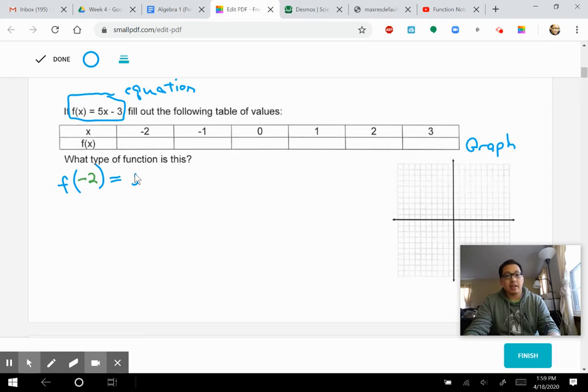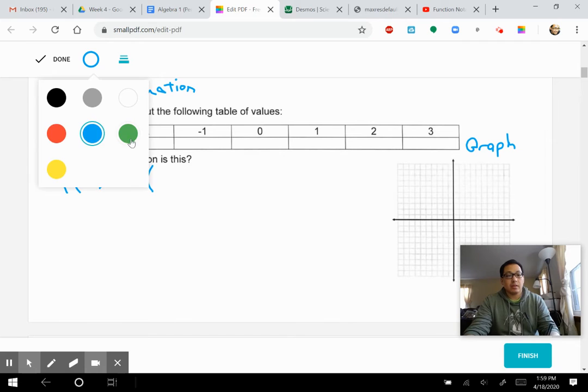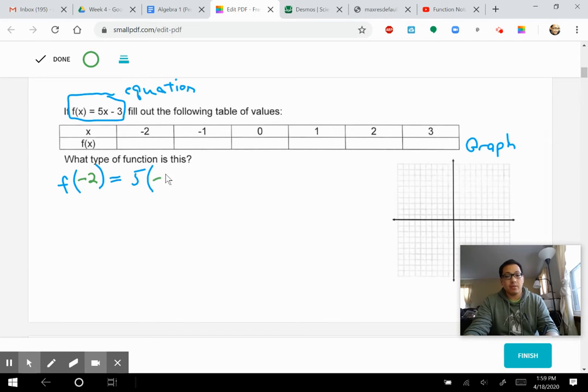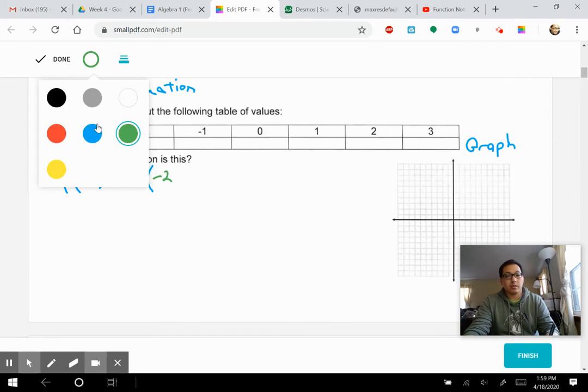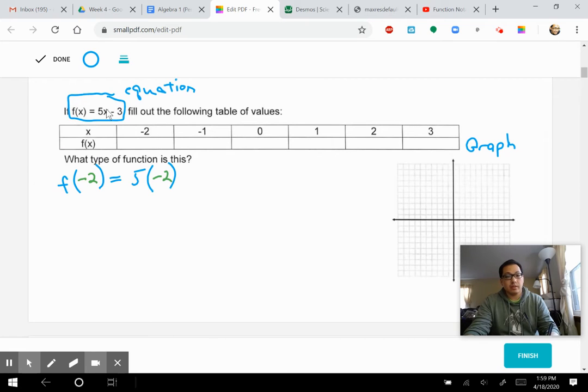So we've got f of -2 equals 5 times -2 minus 3. Okay, so what do we get? We evaluate this. 5 times -2, well, that's -10 minus 3, so we get -13. And that is what will go in this box, -13.